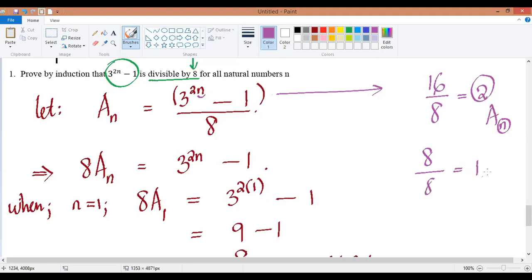So the answer 1 is the constant a subscript 1. The constant at n equal to 1 is 1. It's a constant, just like you've said. There's no magic in that.